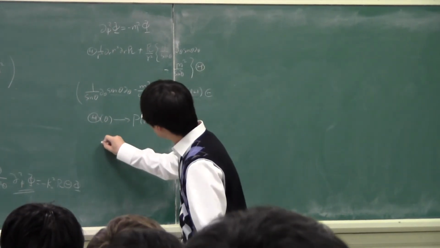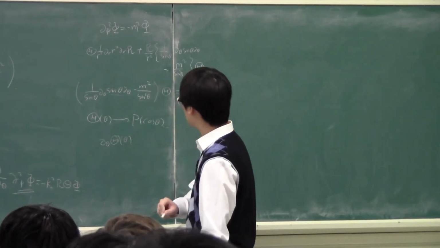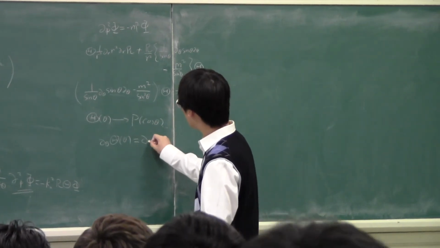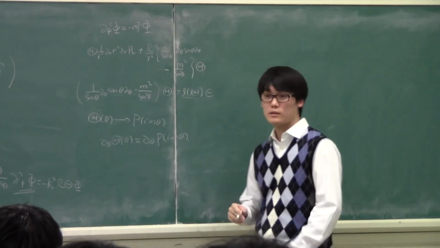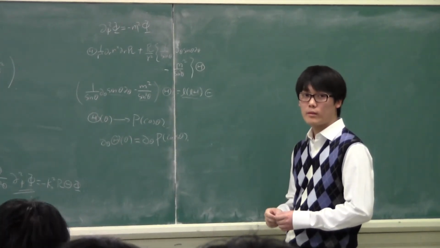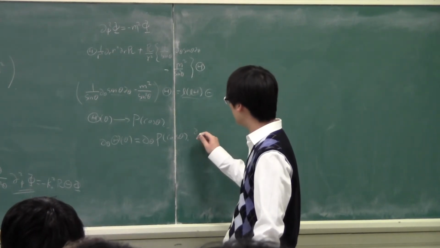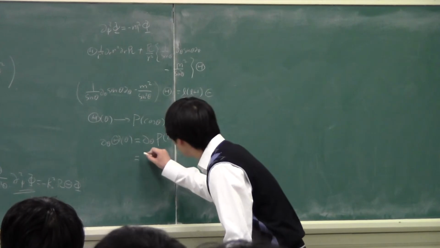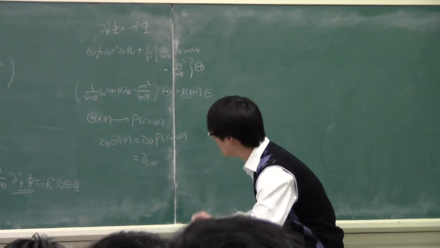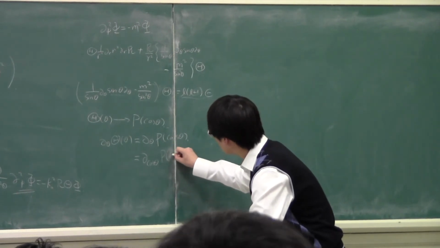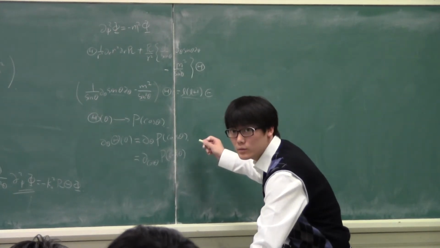So now, taking the derivative with respect to theta is equal to taking the derivative with respect to cosine theta, right? And then you need to multiply by the, and then from here I can say that this is equal to taking the partial derivative with respect to cosine theta of a function of cosine theta, and then multiply by the partial derivative of cosine theta with respect to theta.